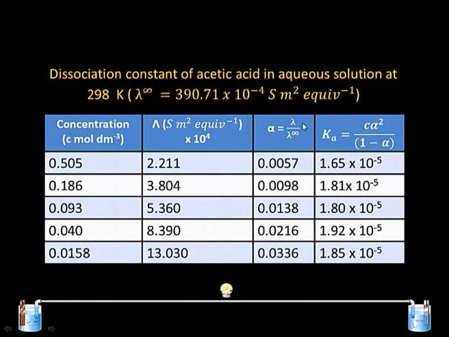So, by taking the ratio of these two, I am in a position to get how many ions are ionized at this concentration, and having alpha I can plug in this value. The moment I plug in this value, I get a range of dissociation constants, but if you look at these values, you will feel that they are fairly constant, and you can say that the acetic acid dissociation constant is constant for this range of concentration.